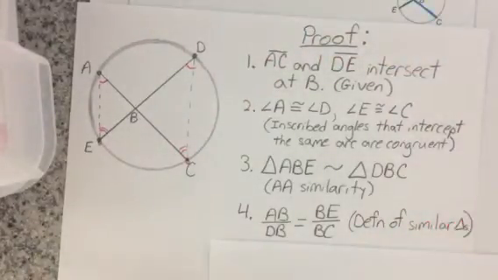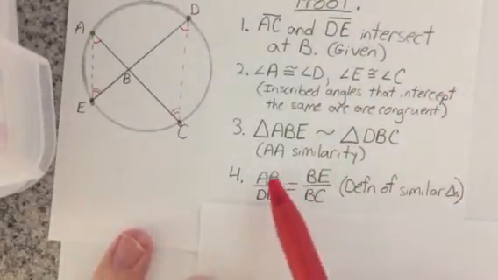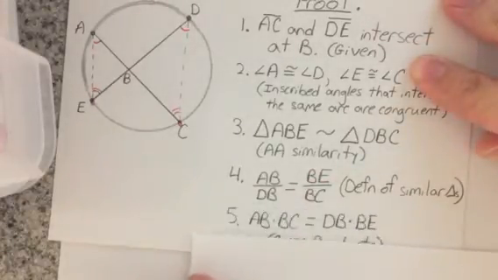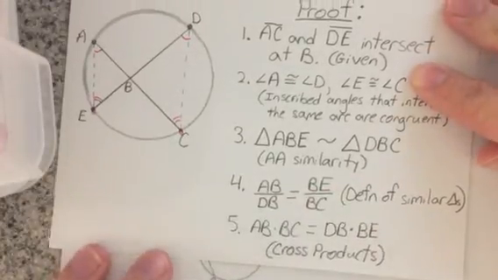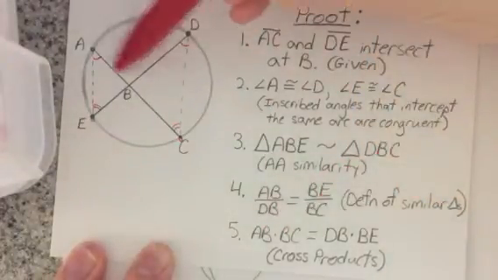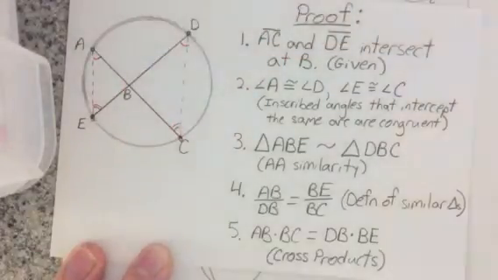So you're almost done from here. Take a look at this. If you simply cross multiply here, you end up with this. Last step here, you proved it. That shows that AB times BC, this part times this part, is equal to DB times BE. So that's it. That's the proof behind it.